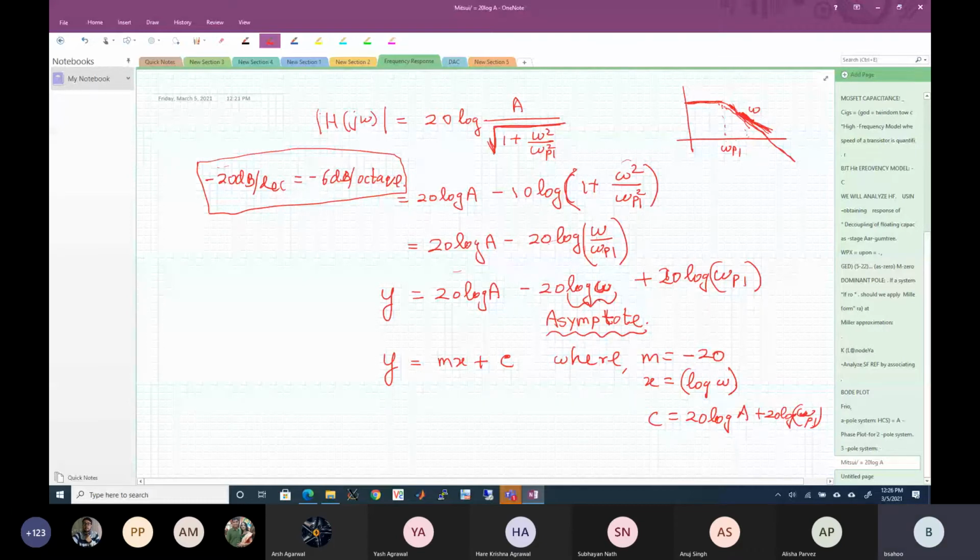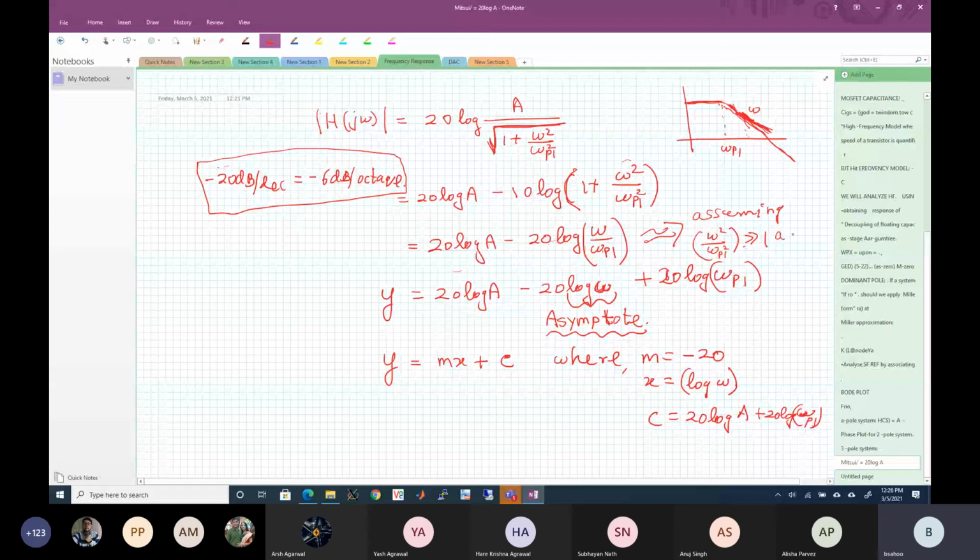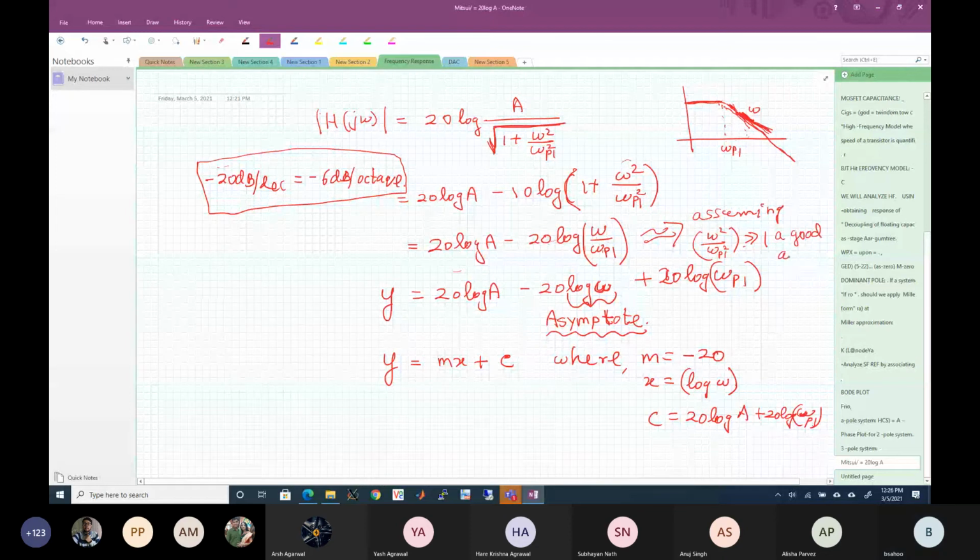Okay. So here this is obtained by assuming omega squared by omega p1 squared is much greater than 1. A good approximation in case of an asymptotic plot.